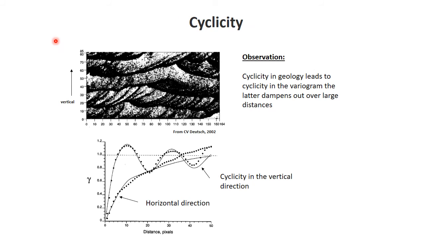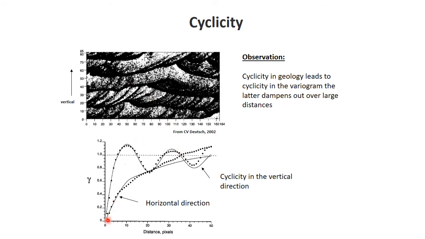So there are many things you can discover in variograms, not just sill and range and a nugget effect, but also, for example, cyclicity. Here we have a sort of cross-bedding sandstone, and imagine we have measured porosity here. Then it's clear that if I look in the vertical direction, I see this repetition of these beddings, and this repetition shows up as cycles in the variogram.